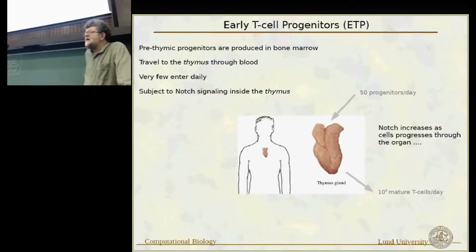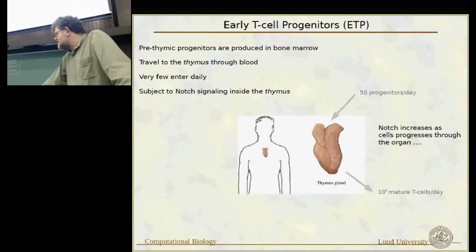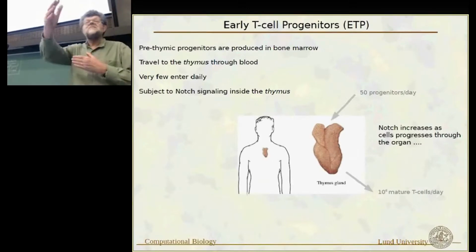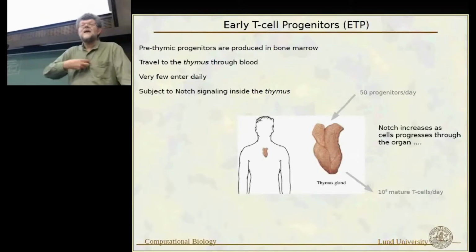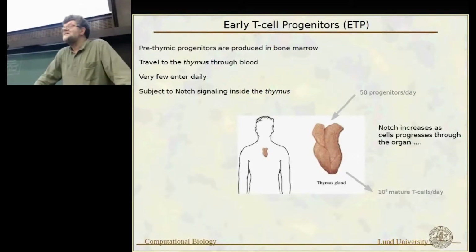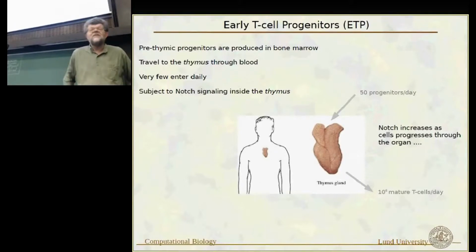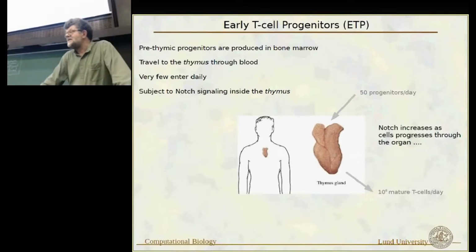Studying T cell production will, in a sense, be much easier than studying red cell production when it comes to commitment, because it happens at one place, whereas the other cell components are produced all over.